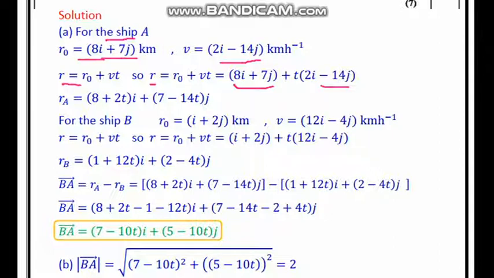Then we combine like terms to get the form i and j. So 8i plus 2ti will be (8 plus 2t)i in this form. 7j plus t multiplied by negative 14j equals (7 minus 14t)j. So this is the position vector of ship A at any time.